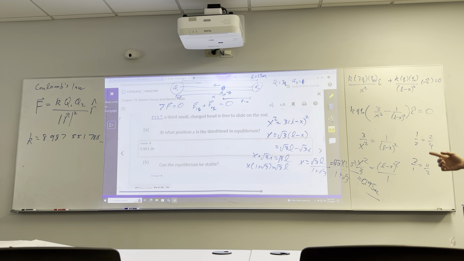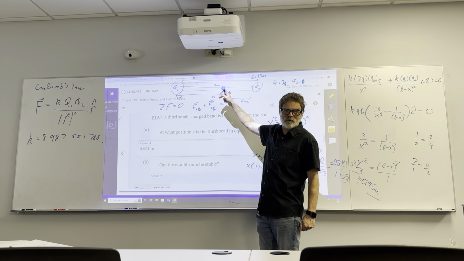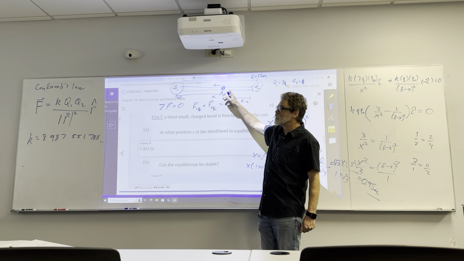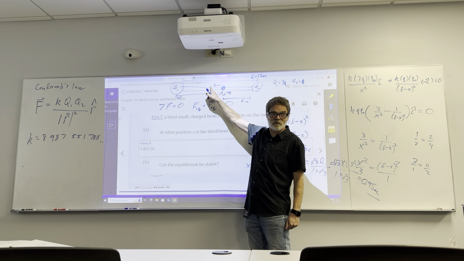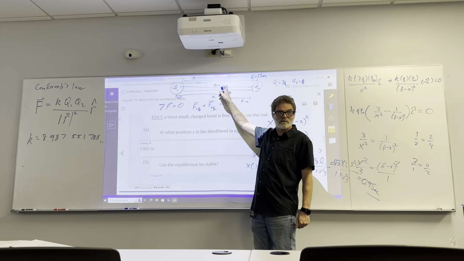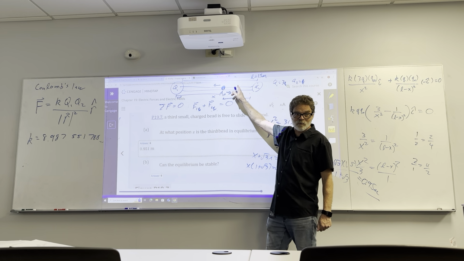And is this equilibrium? What do they mean by that? Is it stable? Charges are not moving. That means if I were to move it off the middle here, which way is it going to go? If I move it a little bit to the left, it goes to the right, because this force is going to get stronger and push it back to the right. If I move it to the right, this force is going to push it back to the middle.